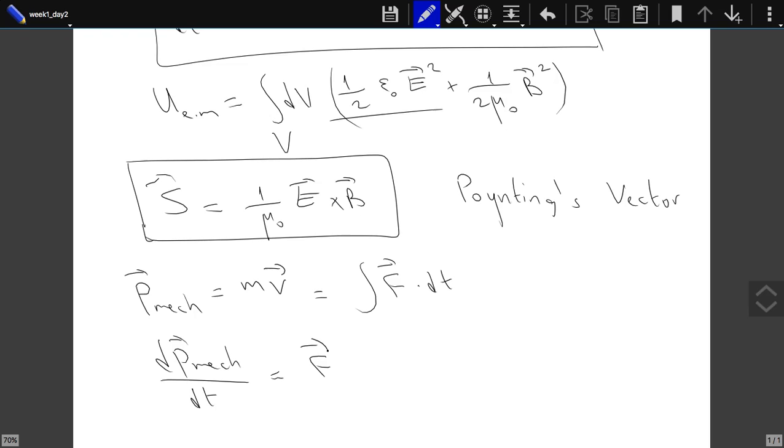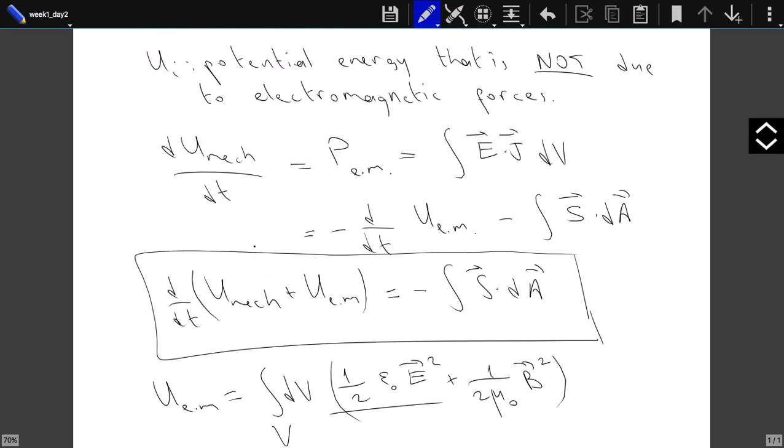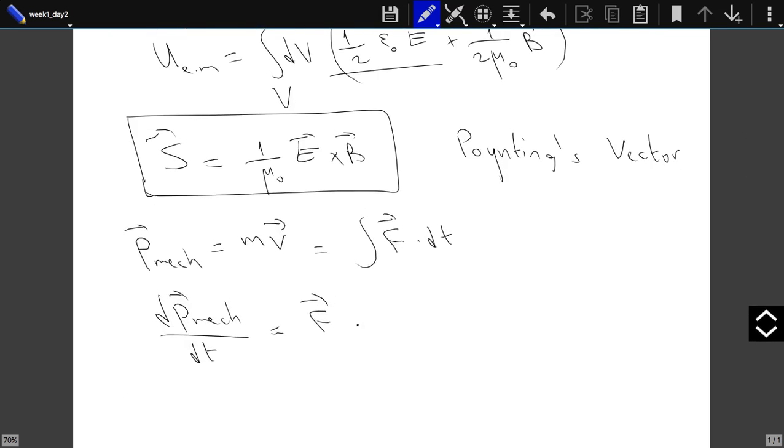Now let's try to identify what the answer might look like. So we are trying to obtain an expression of this form. That's what we will try to do. We will try to convert this equation over here to an expression of that form. That's what we will do later on, but can we guess what it might look like?